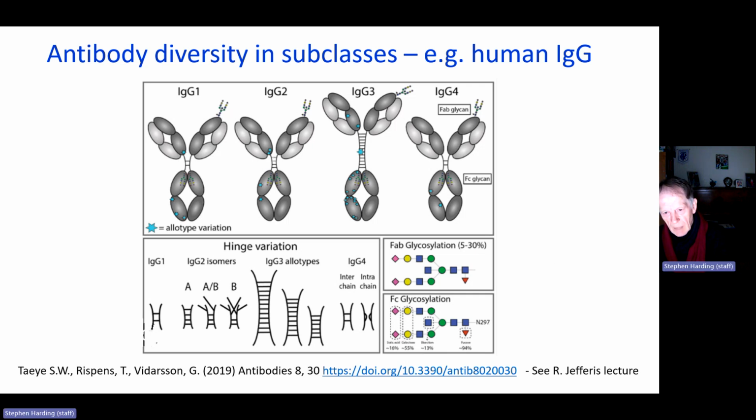And maybe it's worth mentioning at this point, in the development of antibody-based therapies and monoclonal-based therapies against cancers, one of the problems is that cancer cells are very good at shielding themselves against antibody attack.